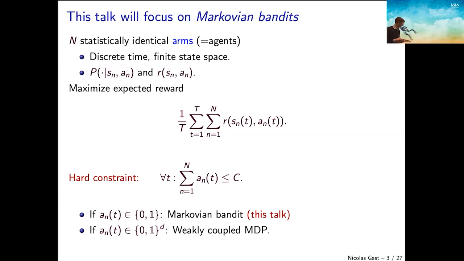Okay. And so here, for instance, imagine that C is equal to 1. This is a standard multi-arm bandit setting. It's just that at each time, I should pull one of my n arms. I can pull any one. I should pull one of my n arms.